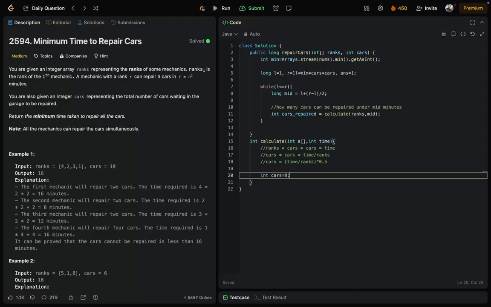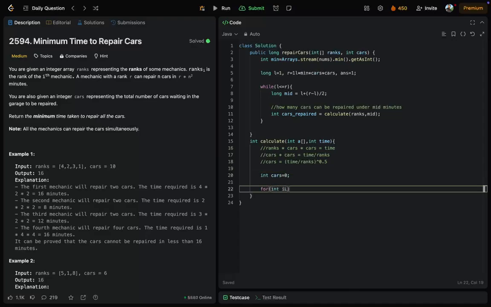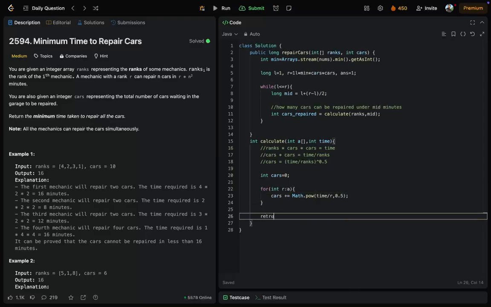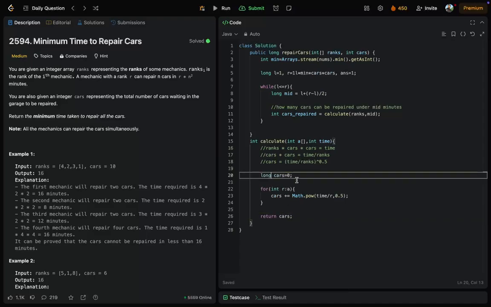So cars repaired is 0 initially, then we have a loop, then cars plus equal to time is mid time only, then rank, so this is the rank, math dot power 0.5, return cars. But to be on a safer side, I will take long.